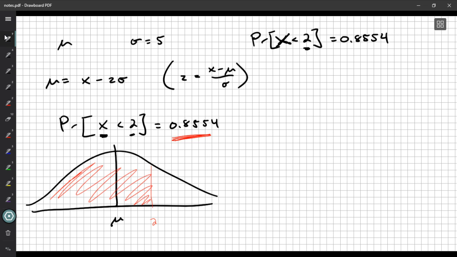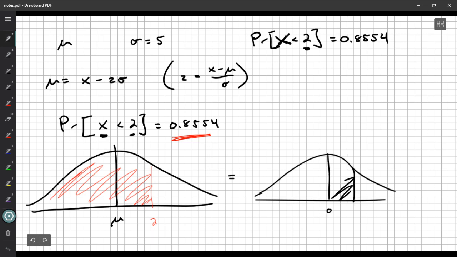What did we learn how to do to calculate probabilities like this in the lesson? Well, what you're supposed to do is change the problem so that you have the same area, but now it's an area under the standard normal bell curve. And instead of 2 here, things get shifted around using this formula, and you get a z-score.